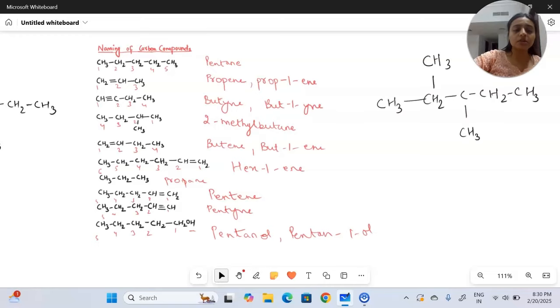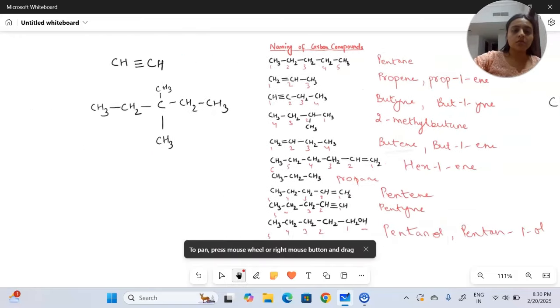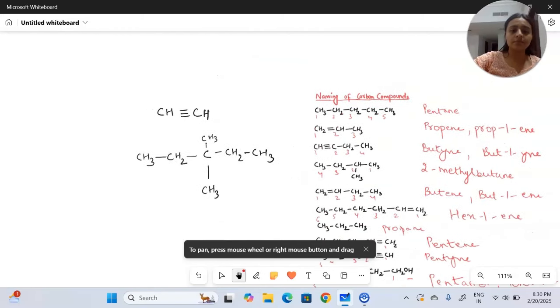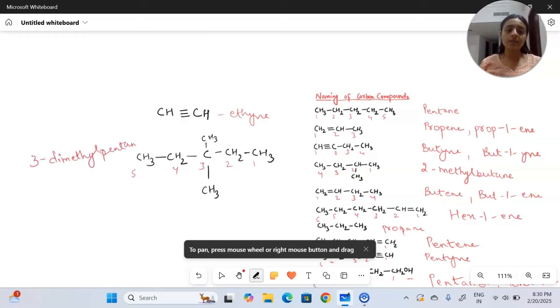Now we will see this question from here. 1, 2, 3, 4 and 5. How are you going to do this? See, at carbon 3 there are 2. So we will write it as 3,3-dimethylpentane in this way.